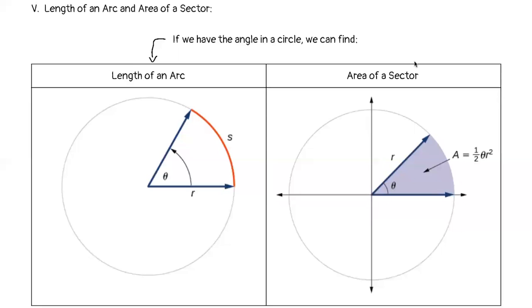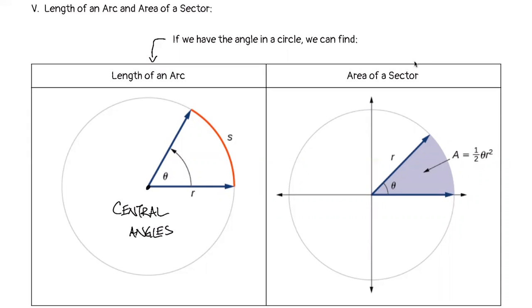If we have a given angle inside of our circle, and we call these central angles, they're called central angles because they have their vertex at the center.